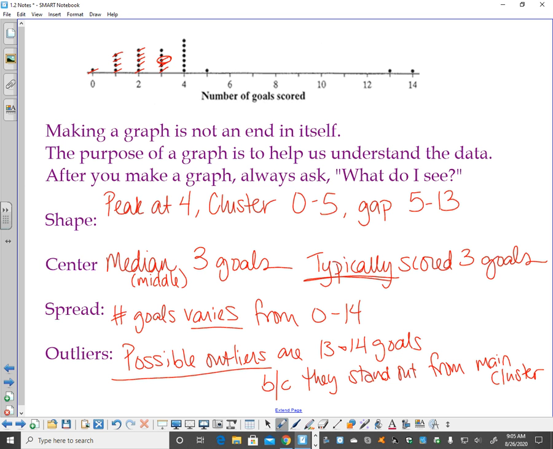So possible outliers, potential outliers, that's the vocab that you want to use because, again, we haven't proven that those 2 are outliers.